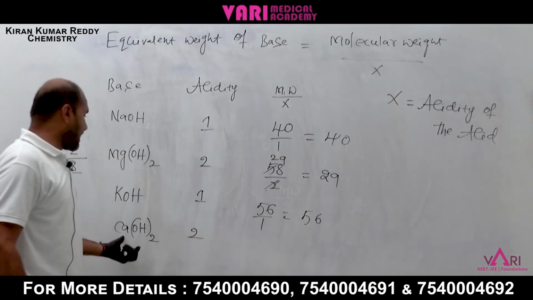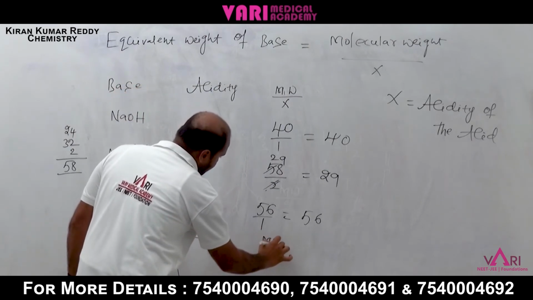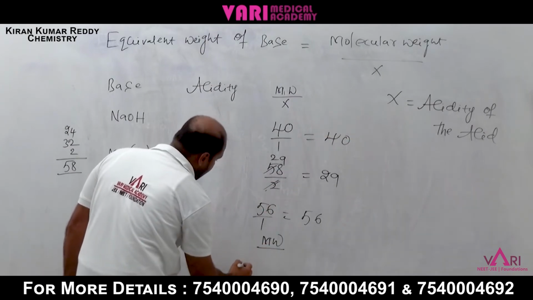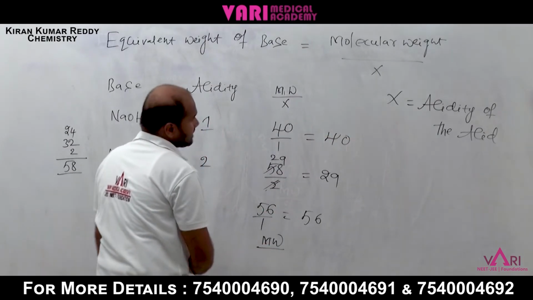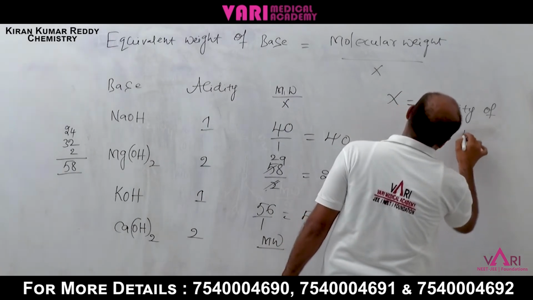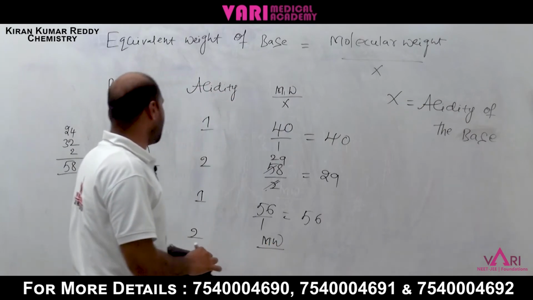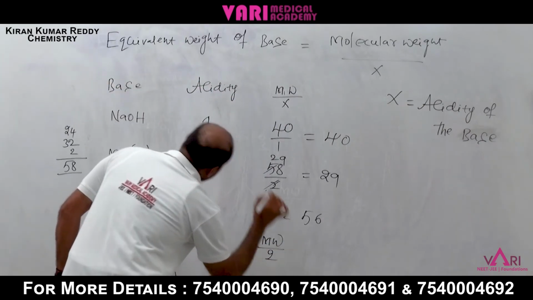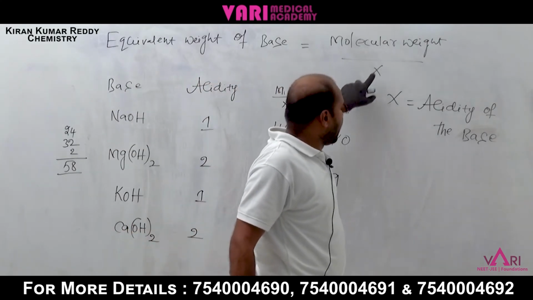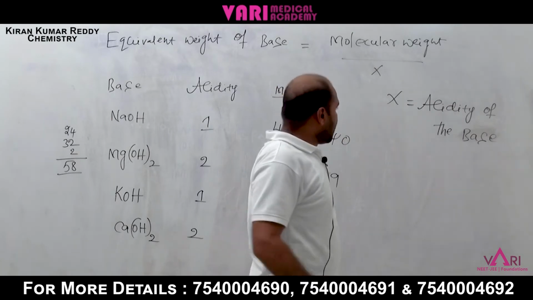We can take calcium hydroxide; here also molecular weight by X. What is X? The acidity of the base. Equivalent weight of base is equal to molecular weight by X. X means acidity of the base. What is acidity?